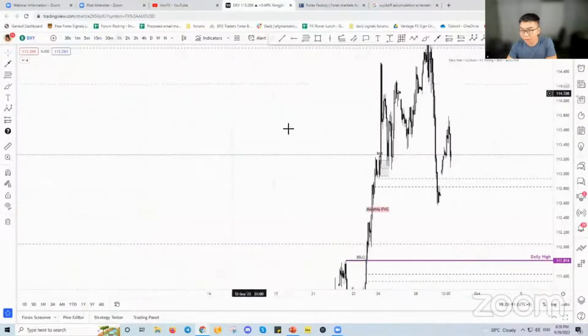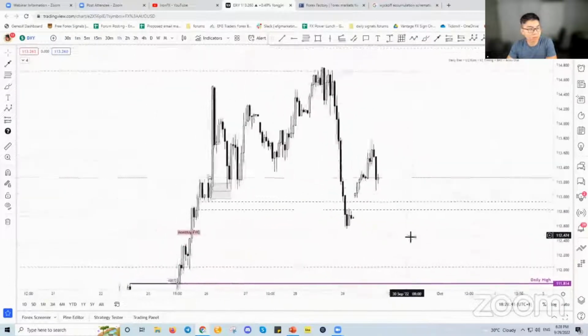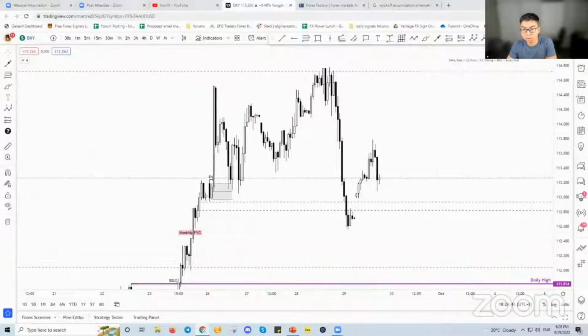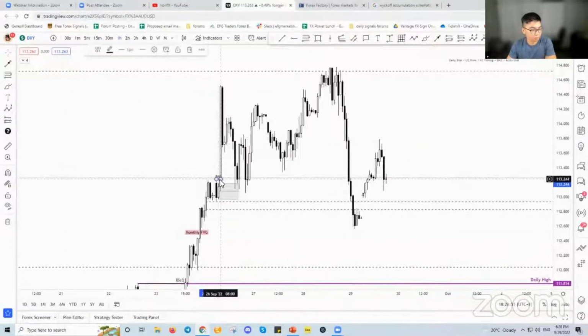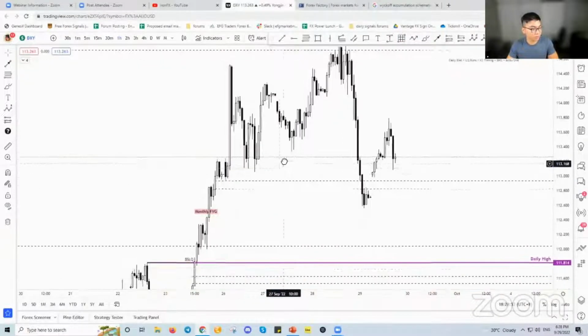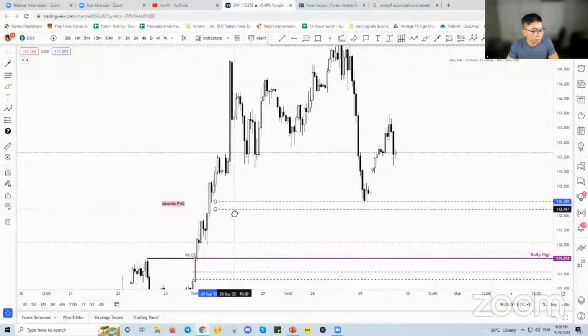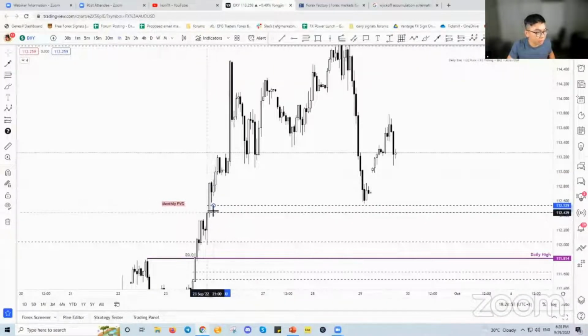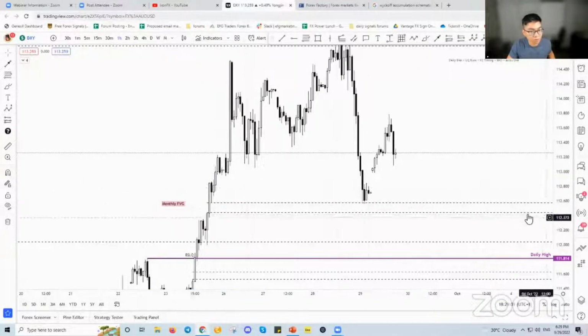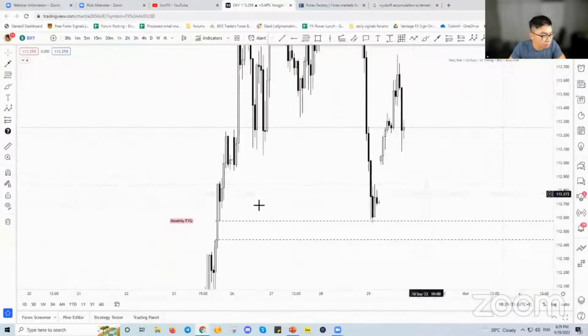Let's take a look at the hourly chart. Okay, we have another market imbalance here. Price came down to clear it. It tapped in so nicely. Take a look.